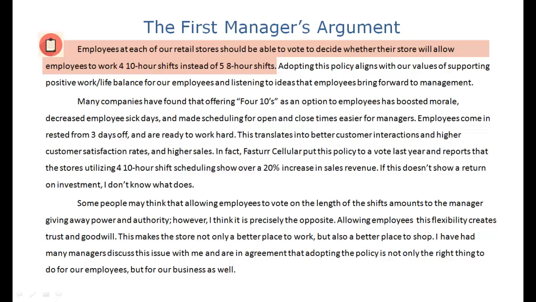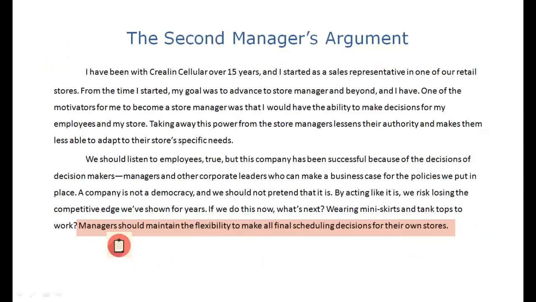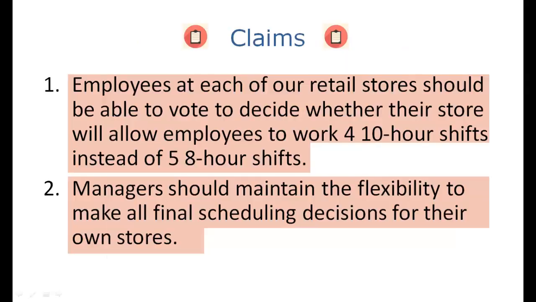Not surprisingly, it's close to the beginning of the argument. And the second passage? Its claim is here at the very end. Managers should maintain the flexibility to make all final scheduling decisions for their own stores. Well, not too surprisingly, these managers are arguing the exact opposite of the other.